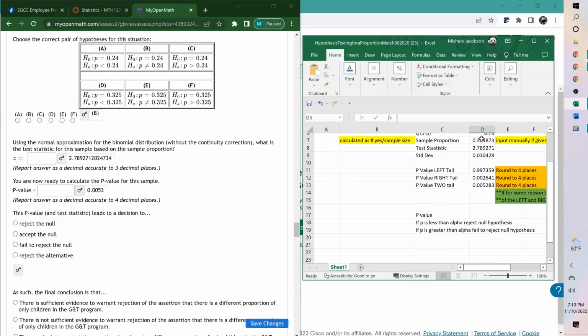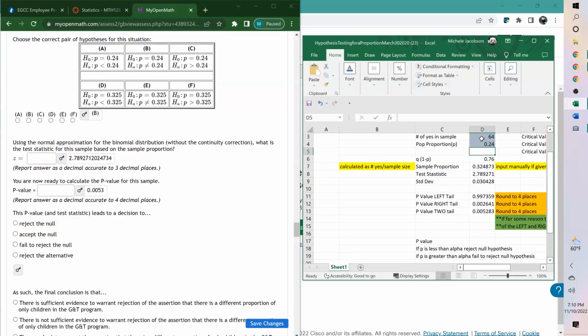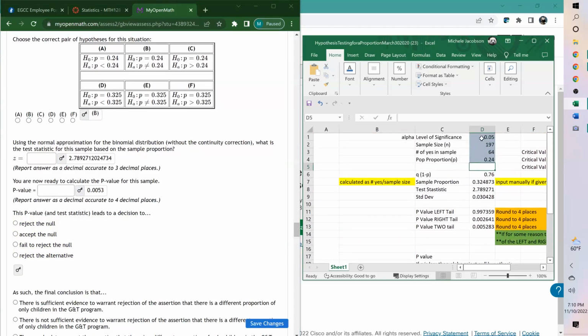So our alpha was 0.05, and our p-value is 0.005. So our p-value is less than alpha. So that's what you want to check to decide this part here.